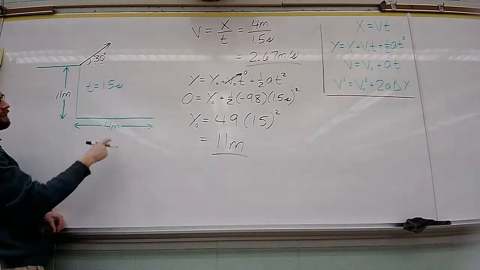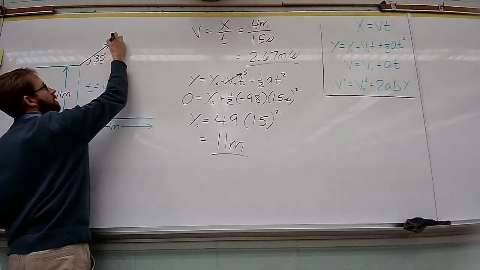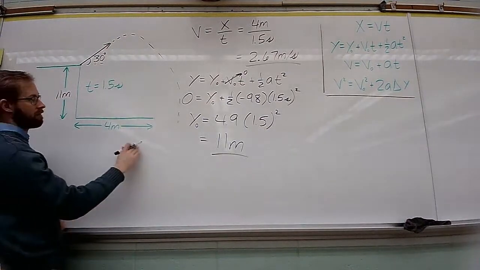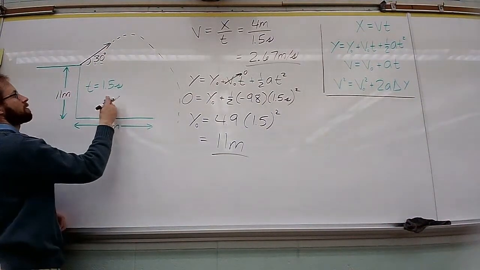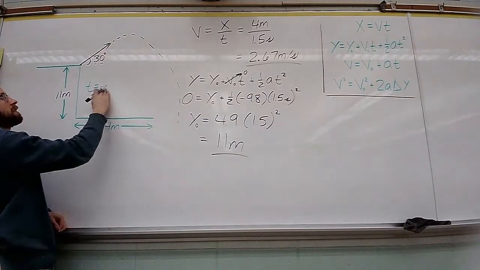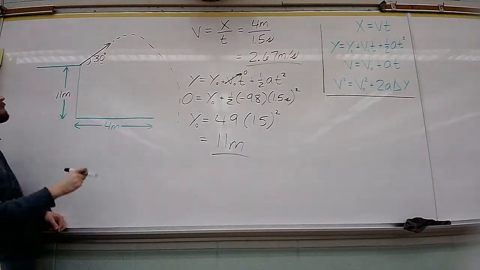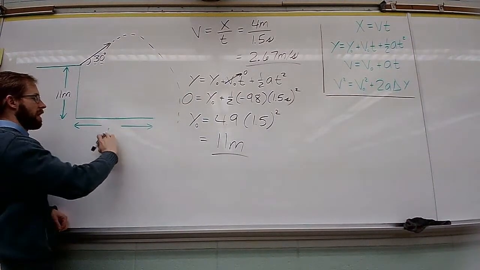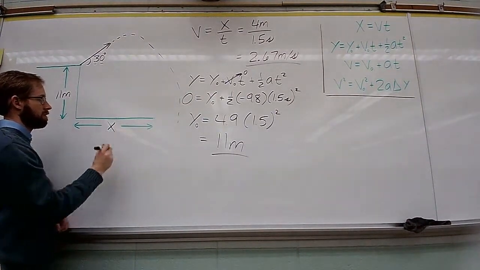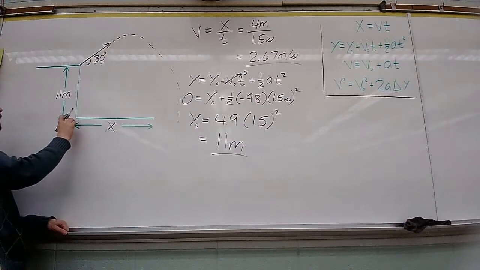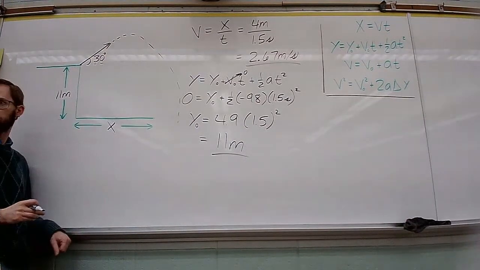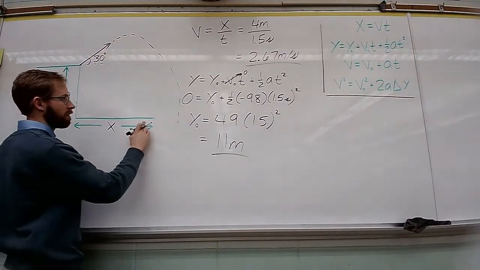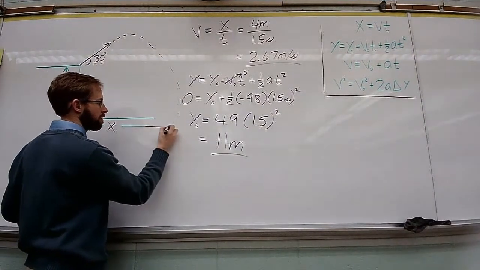Instead of taking that path, it'll go more like this, and it's going to land a lot further away, but I've run out of room there. So this time is going to be different now. We're not going to know what the time is right away. So now the question is, how far is this object going to land from the start of the edge of the table there? That's the main thing that we want to calculate in the second part.